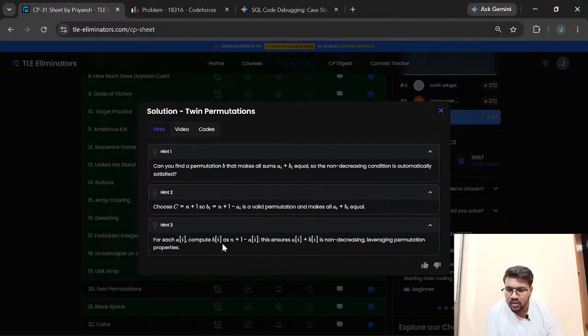For each a i, compute b i as n plus 1 minus a i. Ensure that a i plus b i is non-decreasing, leveraging permutation properties. For each a i, compute b i as n plus 1 minus a index i.